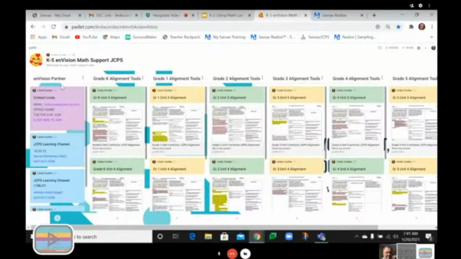So, for example, the very first one is my contact information. You'll see my email. If you click on that, it'll open up your email and you can send me a message. If you want to attend my open office hours and ask questions, you just click right here every Tuesday and Thursday, 3:30 to 4:30, little famous plug there.